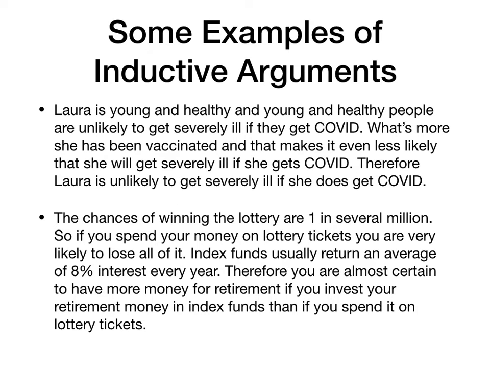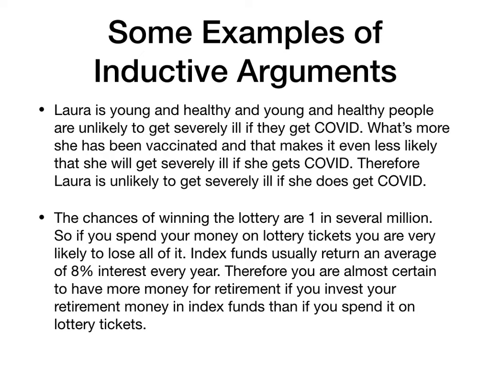Now, let's look at some inductive arguments. And you notice the difference here. Laura is young and healthy, and young and healthy people are unlikely to get severely ill if they get COVID. What's more, she has been vaccinated, and that makes it even less likely she will get severely ill if she gets COVID. So Laura is unlikely to get severely ill if she gets COVID, right?